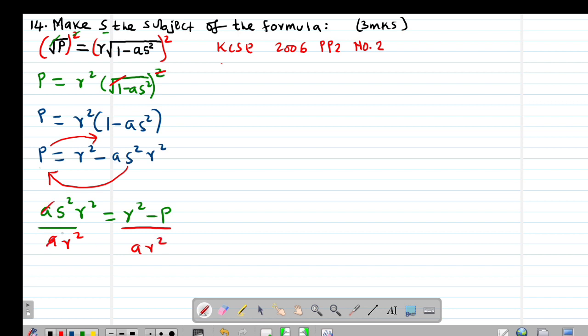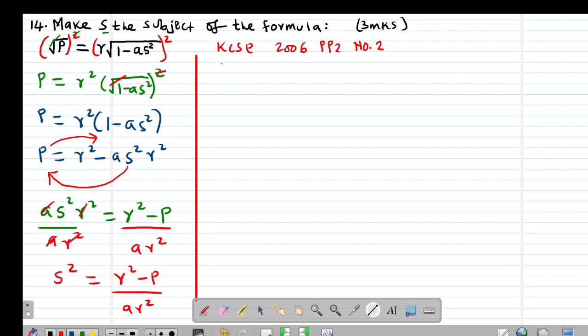So this and this will cancel, this one will also cancel out. So I'm going to remain with S squared being equal to R squared minus P divided by AR squared.